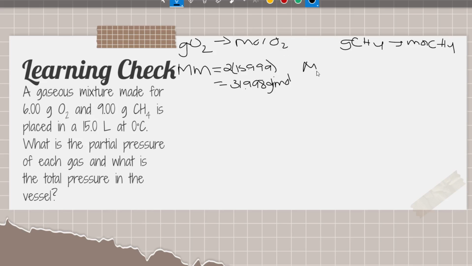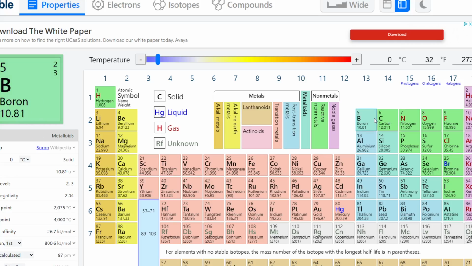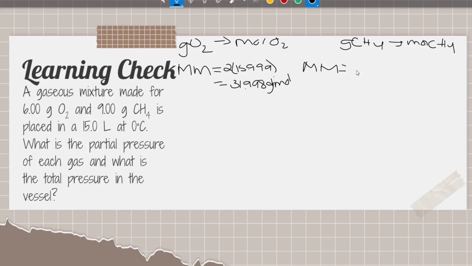For CH4, it's a little bit more complicated. Our molar mass is going to be our molar mass of carbon plus 4 times our molar mass for hydrogen. So our carbon is 12.011 while our hydrogen is 1.008. So we have 12.011 plus 4 times 1.008.